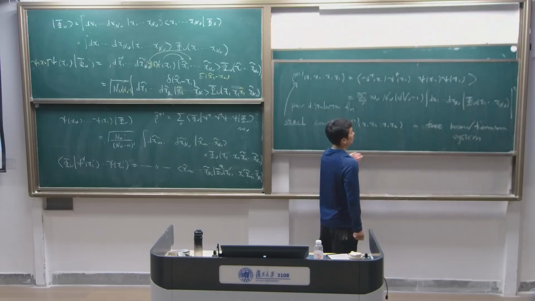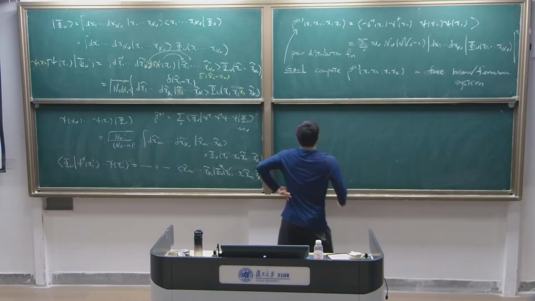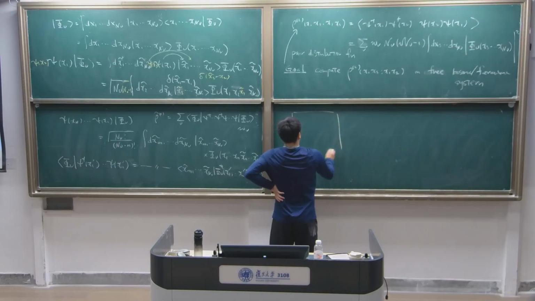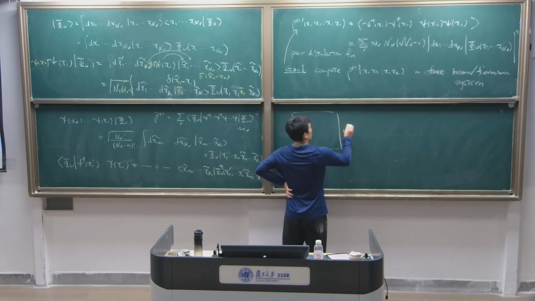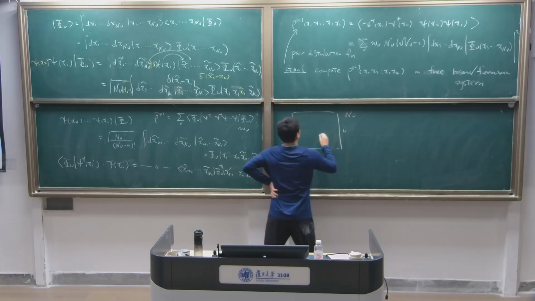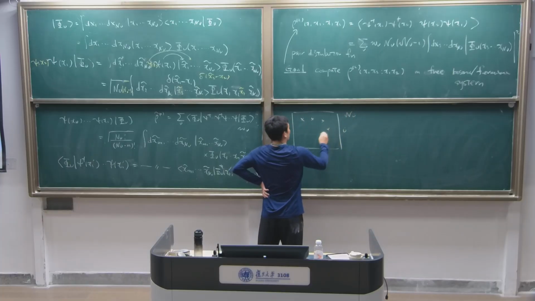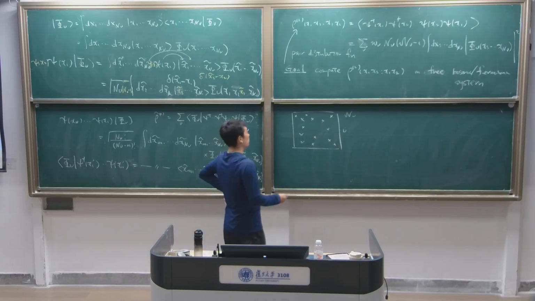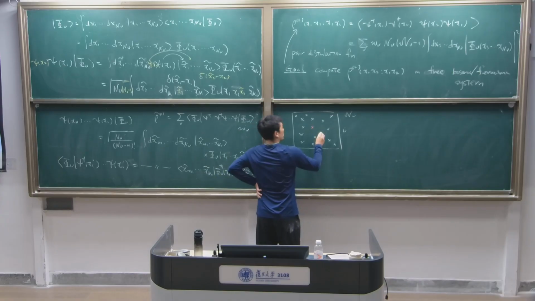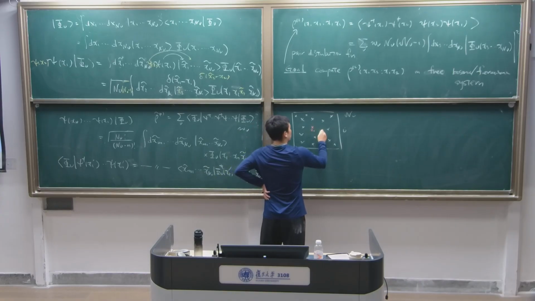So physically, here you have a system, very big system. You have a state nu. State nu has a number of particles n nu. There are many particles, but we fix the particles at some positions x1 and x2.